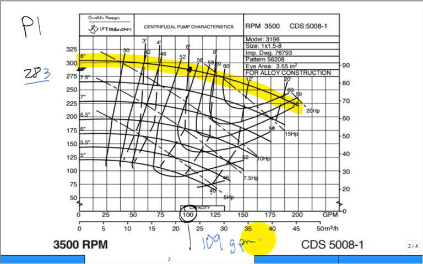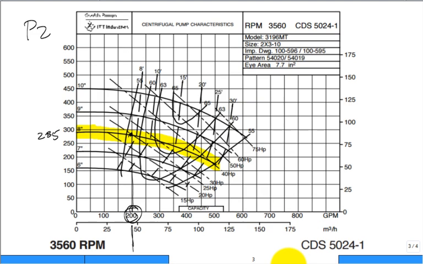All right, now let's go to the next one. What was the head gain across pump 2? I want to get its flow rate. You're doing the same thing. It's not 285, it's 283 foot. So then we come across and have to read off. And when I read off that GPM, we're kind of bouncing around here.